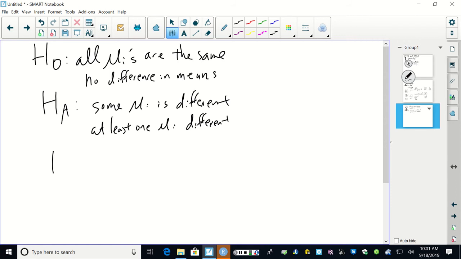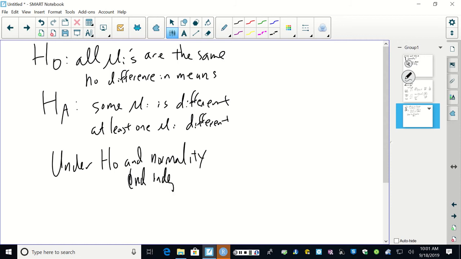And so under the null hypothesis and normality and independence, right? So there's a few assumptions in there. The F statistic, that's mean square for the groups over the mean square error, is distributed as an F distribution with the degrees of freedom given by the groups and errors.